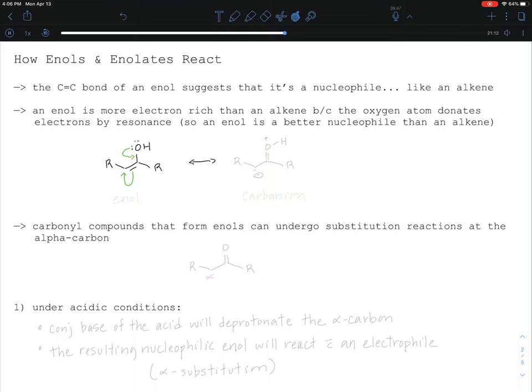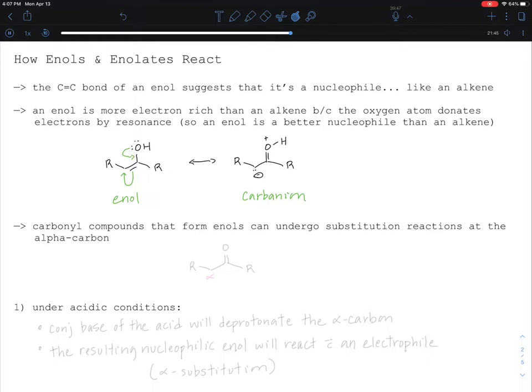So again, the enol is going to contribute more to the resonance hybrid because the oxygen is electron donating. So here's our carbanion. So we've got the enol form and a carbanion. If that's easier to see why this is nucleophilic, there you go.